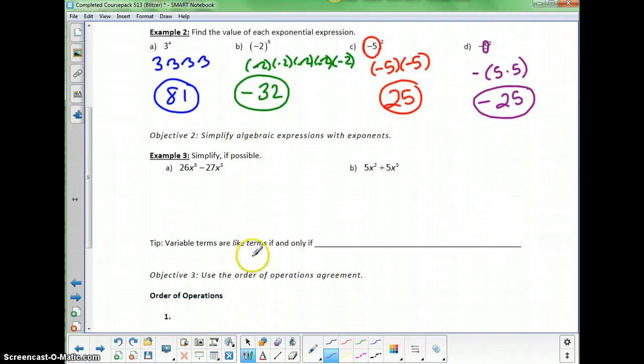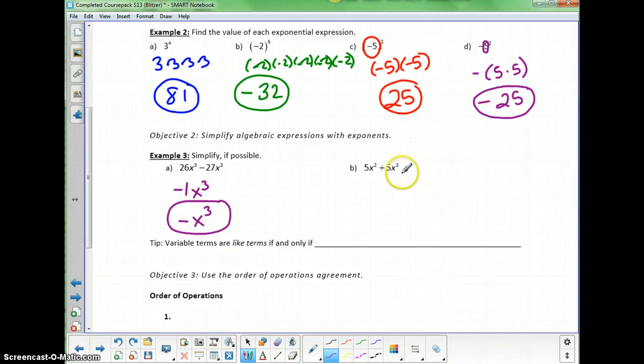Let's look at objective 2. Simplify an algebraic expression with exponents. These two terms are like terms because both of them have the variable x cubed. So 26x cubed minus 27x cubed is negative 1x cubed, or simply put, negative x cubed. I don't need to write the 1, it's implied in negative x cubed.